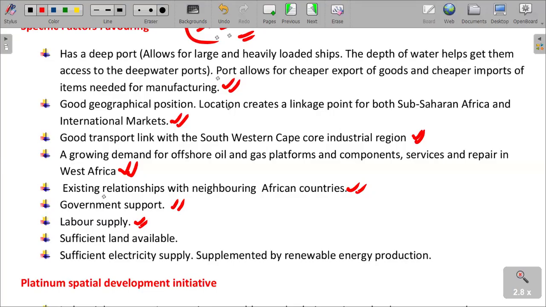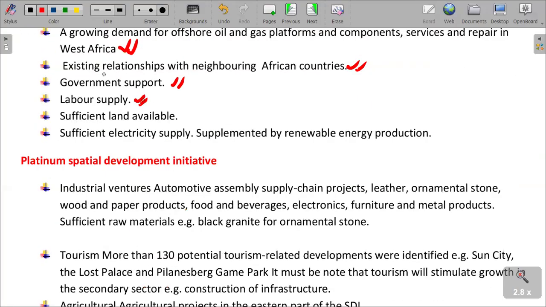Many people are migrating and entering into the zone, which provides much-needed labor in various businesses and industries established within the region. And also sufficient land available. We talked about that, there is enough space. Land is actually available that can support the businesses taking place there.